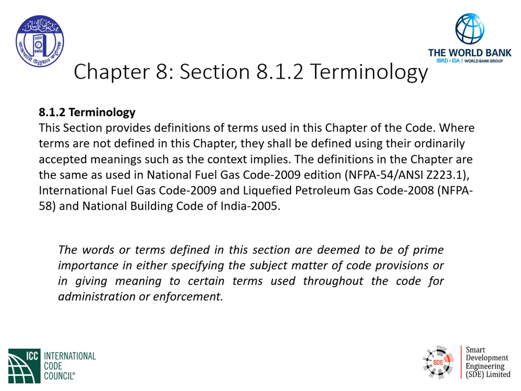We use this section in our code that gives us the language to understand where this terminology comes from. So it starts off like this in Section 8.1.2 Terminology. This section provides definition of terms used in this chapter of the code.